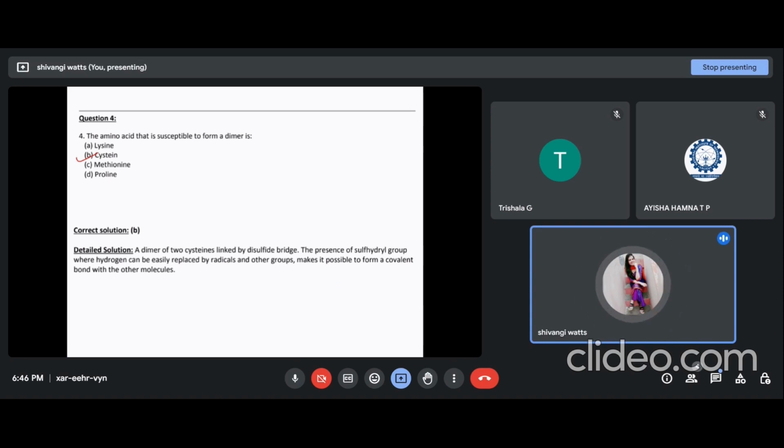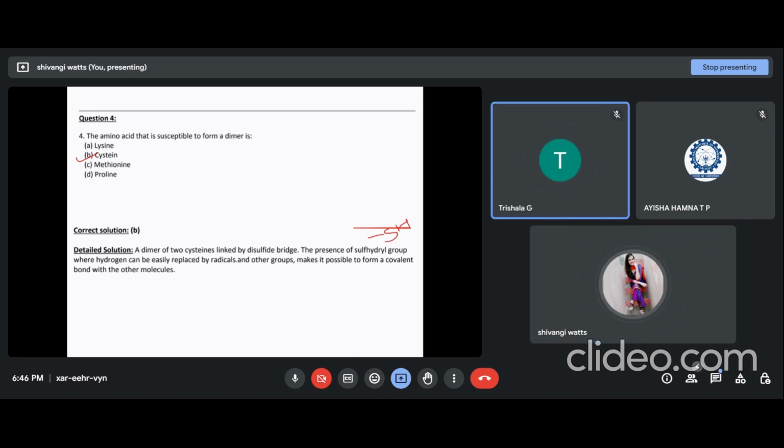The presence of a sulfhydryl group, the SH group, where hydrogen can be easily replaced by a radical or other group, makes it possible to form a covalent bond with other molecules. Understood? So cysteine is susceptible to form a dimer. Option B is the right option.